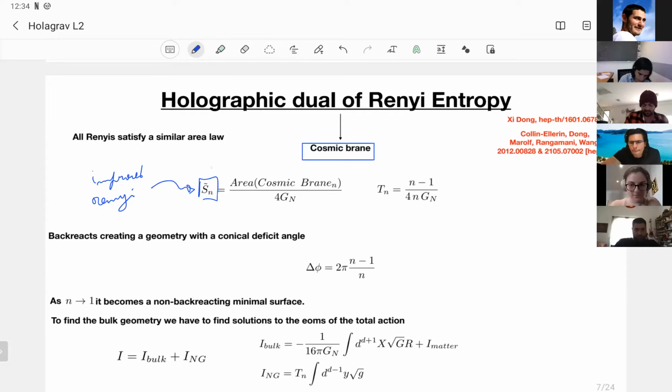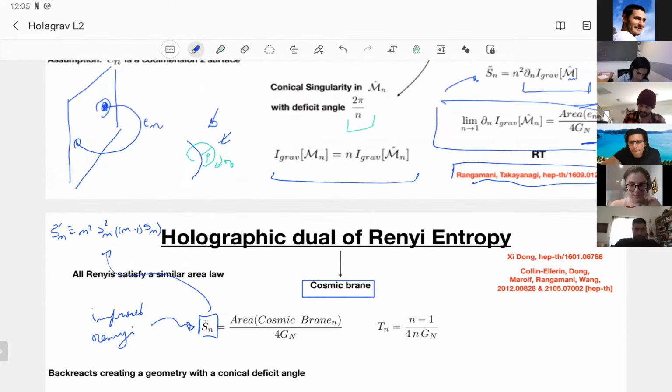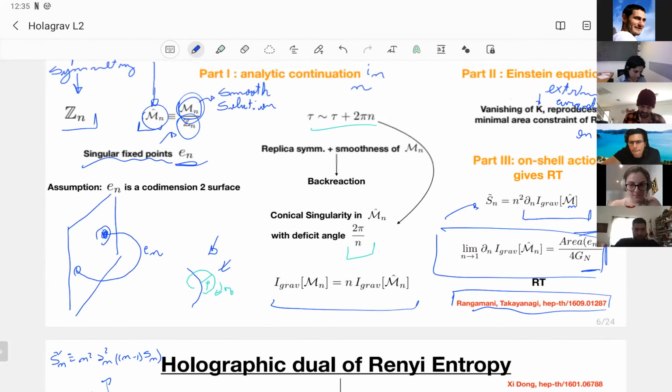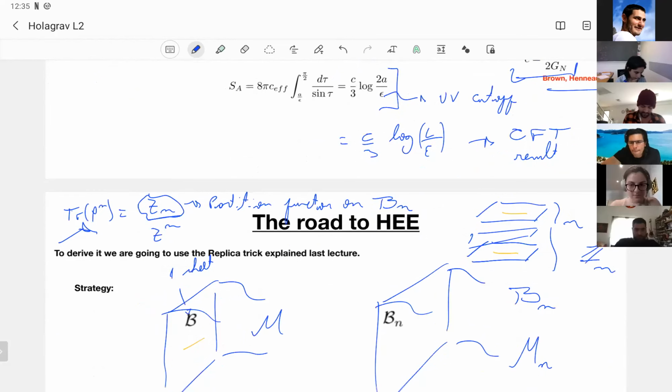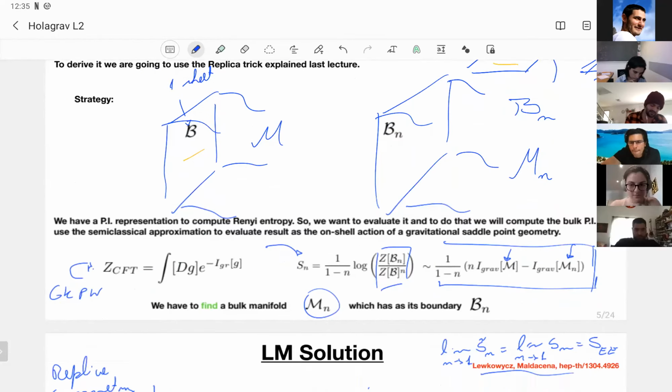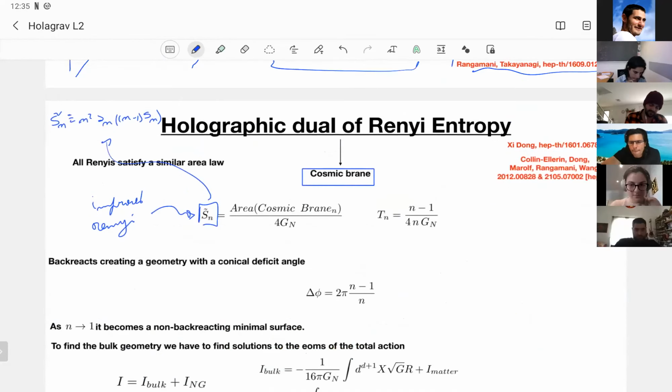But remember that this is n squared times a derivative. I'm probably missing the equation, but it's something like that. Or maybe I wrote it somewhere, I don't remember. Well, maybe not. But it's just a one derivative: from one you can obtain the other one.